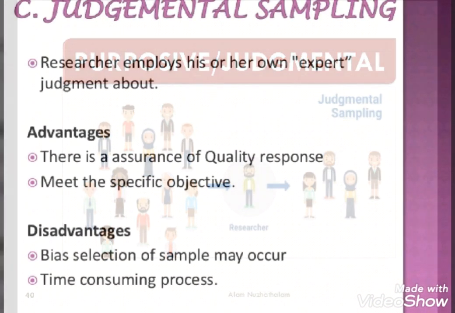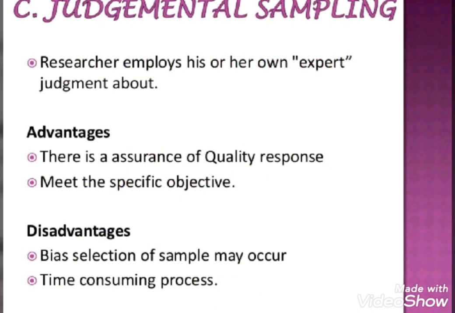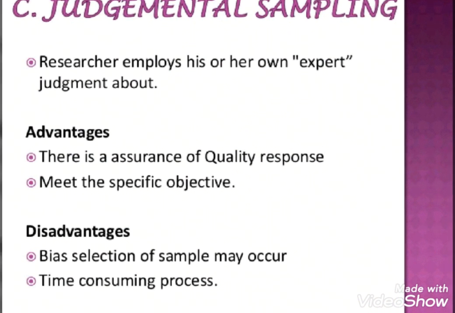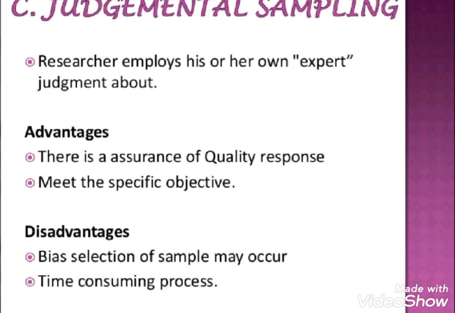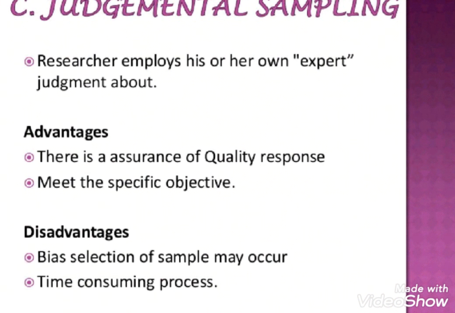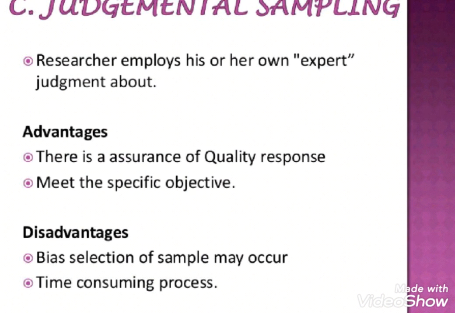The researcher employs his or her own expert judgment, so you use your own judgment and expert advice for the selection of the sample. Then advantages: there is assurance of quality response, since you select your sample under expert advice, so there is quality assurance. It meets the specific objectives, whatever objectives you have made for your samples.